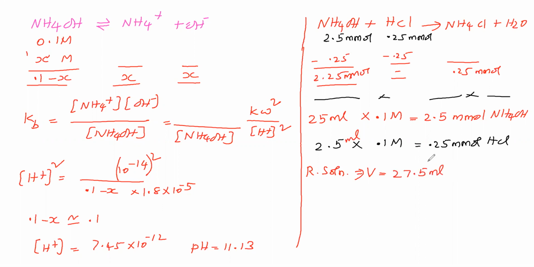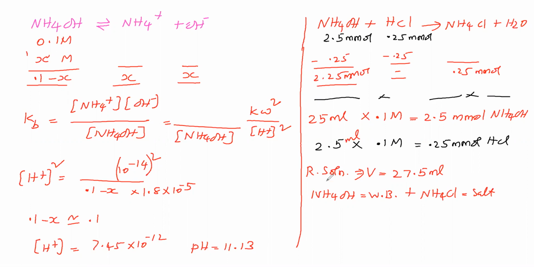Now in the resultant solution, ammonium hydroxide is there, a weak base. Ammonium chloride is also present. This ammonium chloride is a salt of a weak base and a strong acid.